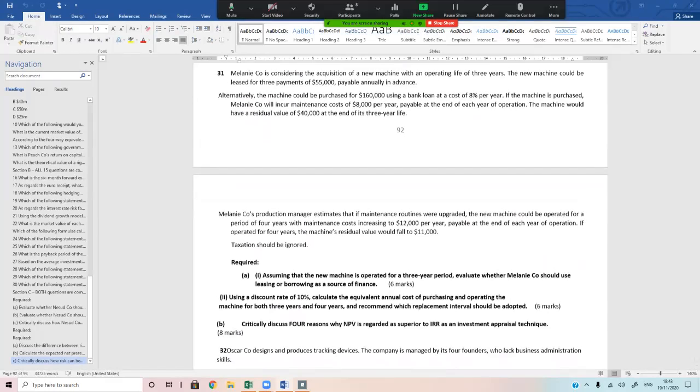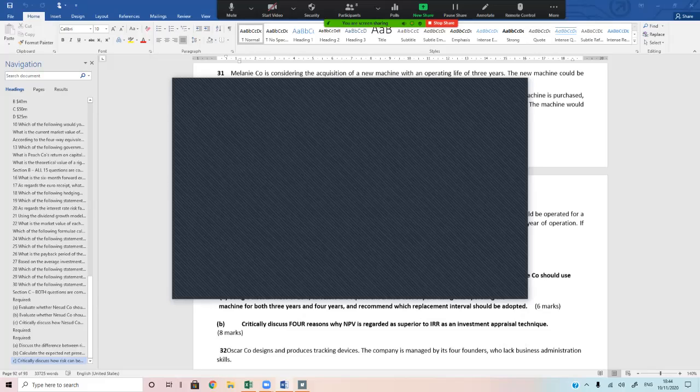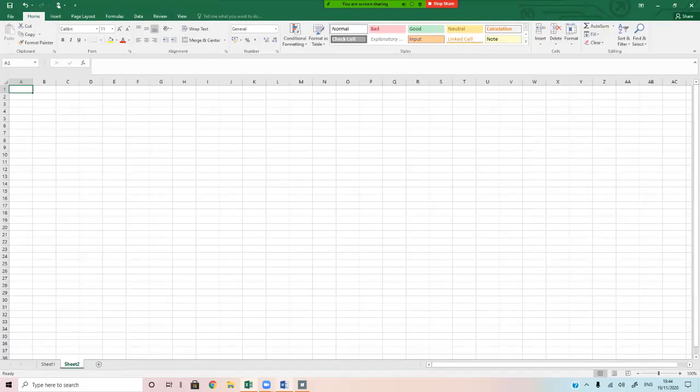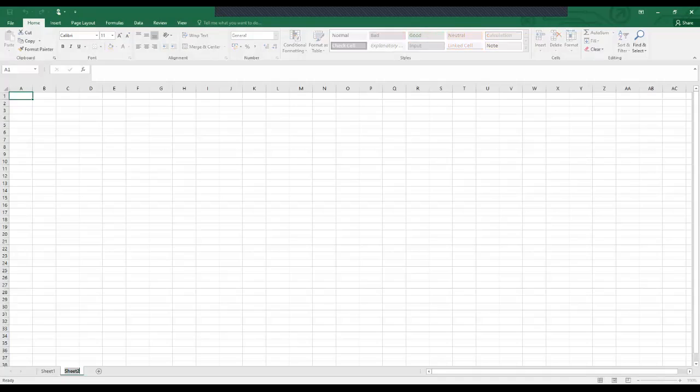Then you determine the equivalent annual cost and recommend which replacement interval should be adopted. Let's do it together. Use Excel definitely, because that is what you'll be doing.